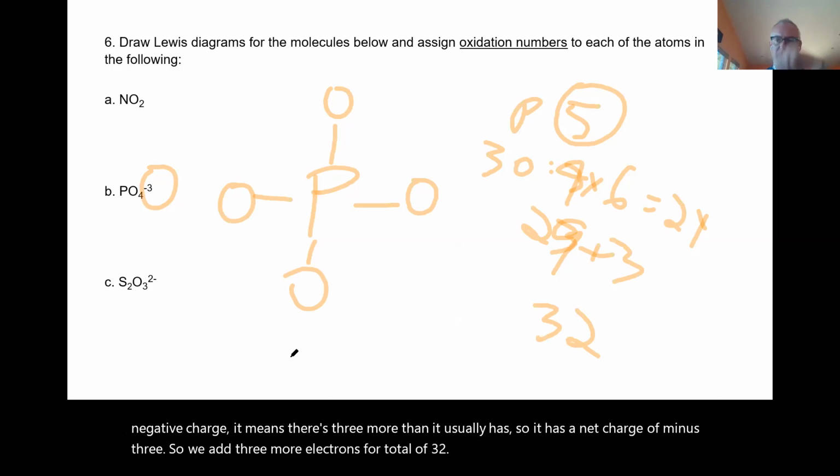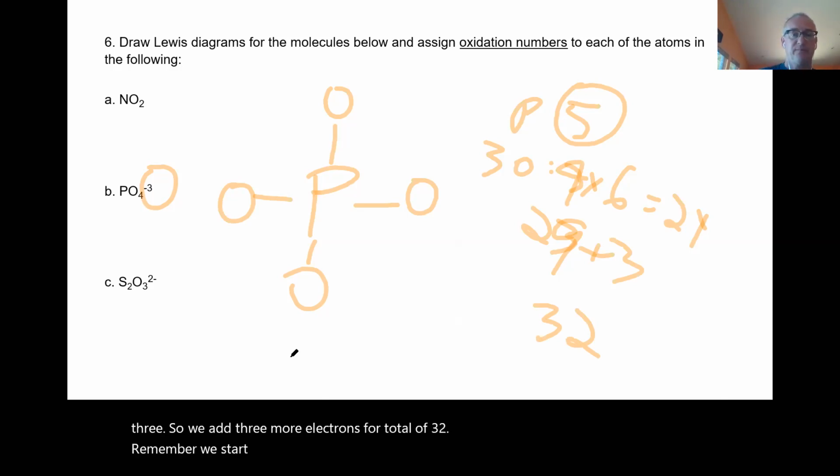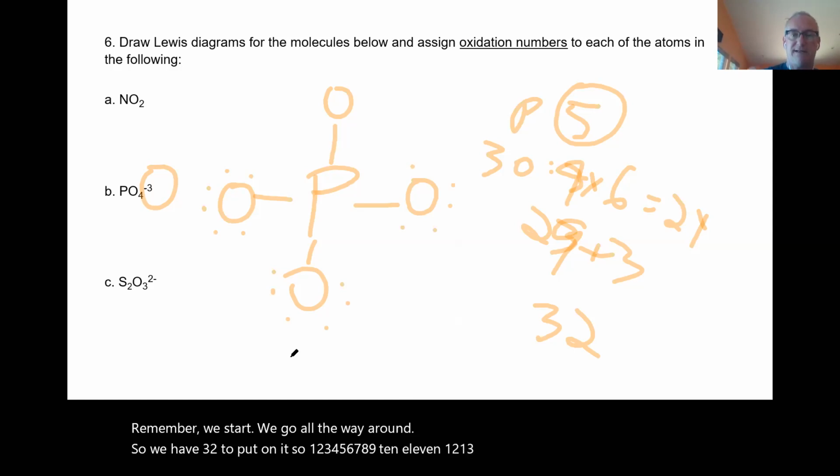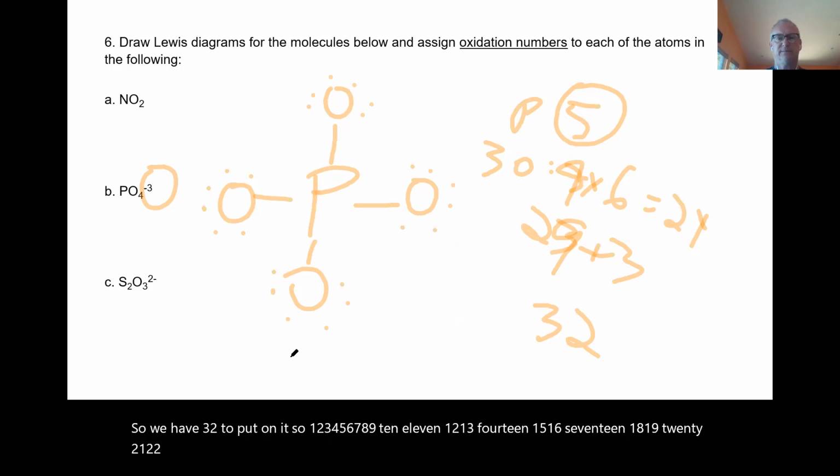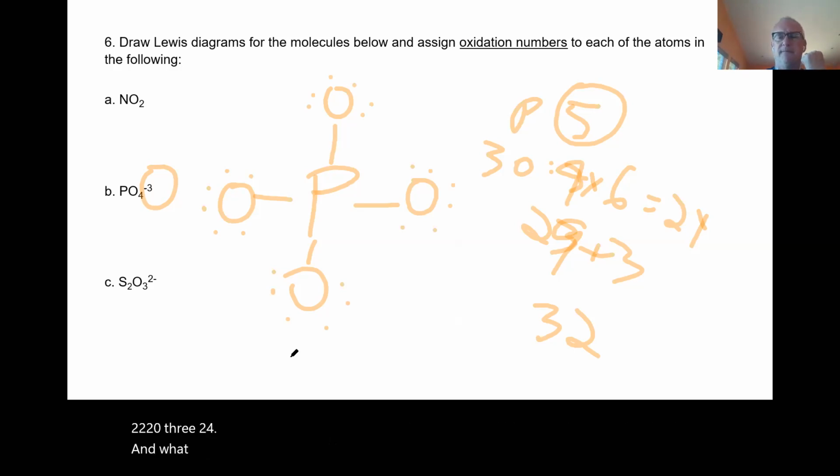We go all the way around, so we have 32 to put on it. 1, 2, 3, 4, 5, 6, 7, 8, 9, 10, 11, 12, 13, 14, 15, 16, 17, 18, 19, 20, 21, 22, 23, 24. And what have I missed?